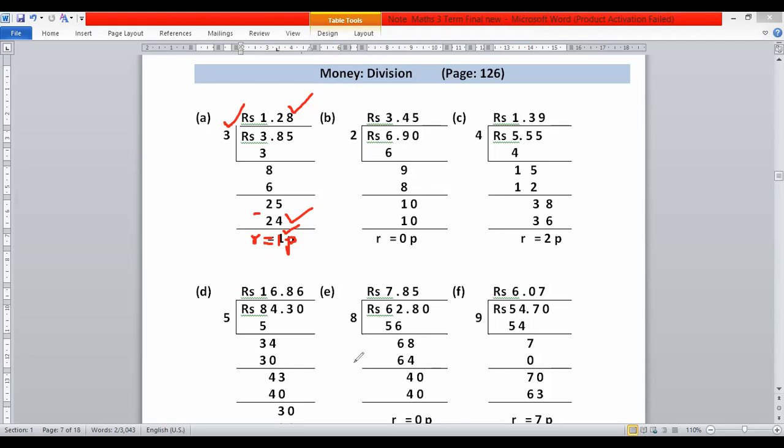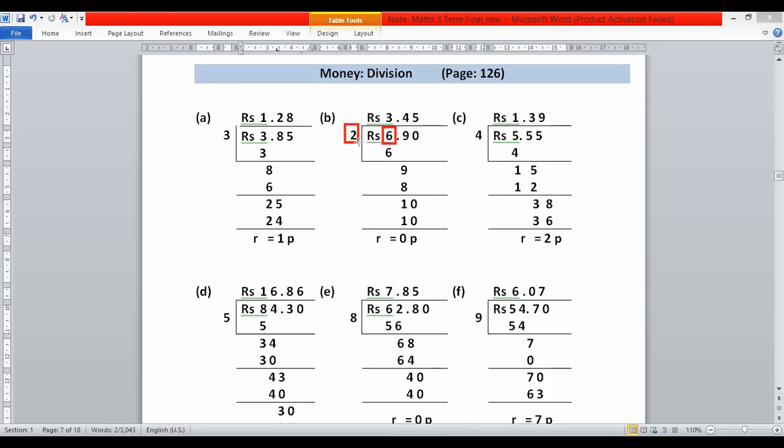Similarly, in part B, the question is RS 6.90, meaning 6 rupees 90 paise, divided by 2. So dear students, here first of all, we will divide 6 by 2.